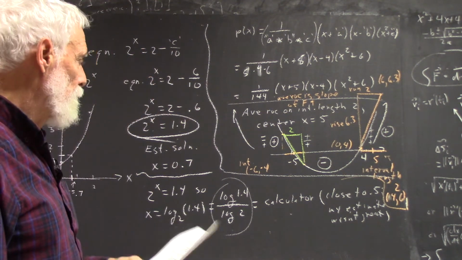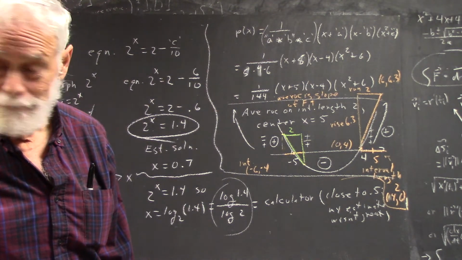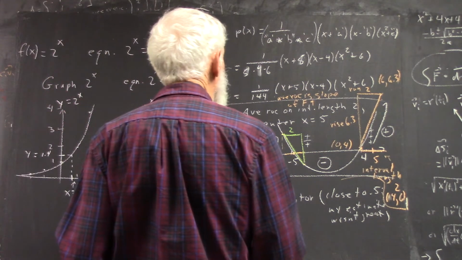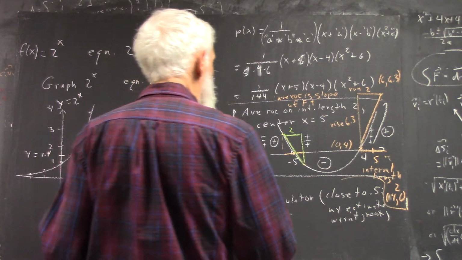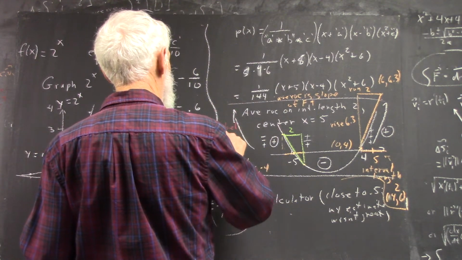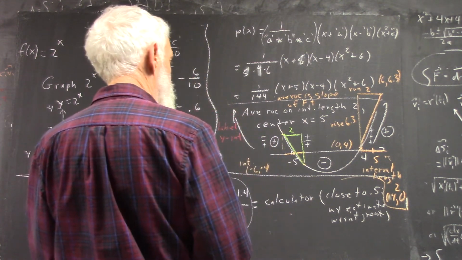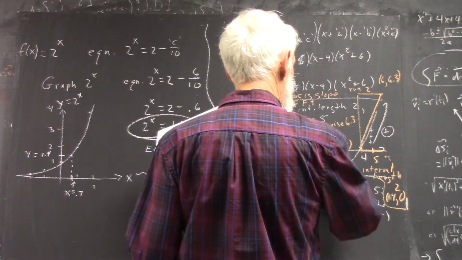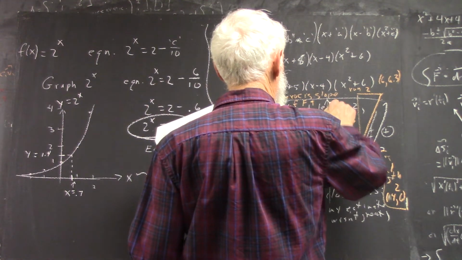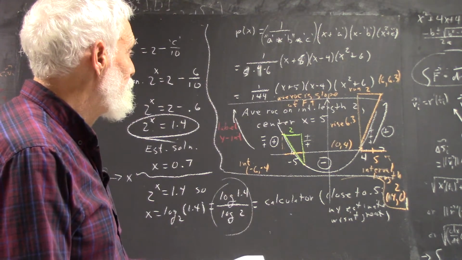So what I'm adding to this is I want you to label the y-intercept. That means you go over here to the y-axis, you draw yourself a y-axis, and then you figure out what the y-intercept is.